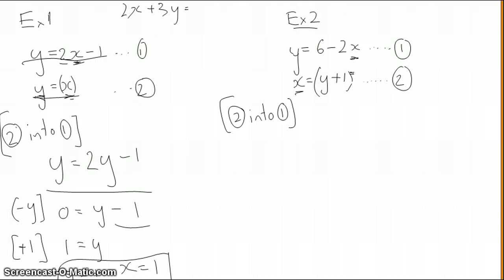So writing out equation 1, y equals 6 minus 2, but instead of writing the x, I'm going to write what x equals, y plus 1, because I'm substituting equation 2 into equation 1. One equation now, with one unknown, I can solve that equation.